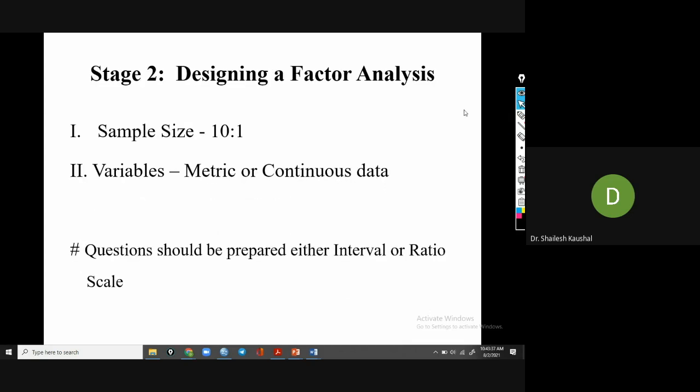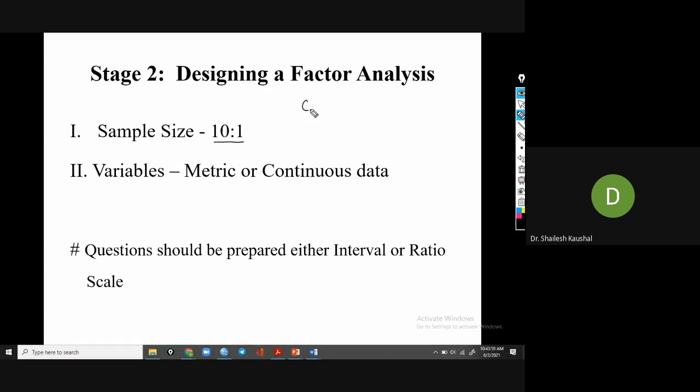Now, what should be the sample size to conduct factor analysis? It should be 10:1. If you want to conduct exploratory factor analysis and you are writing a research paper, what should be the sample size? It's 10:1.